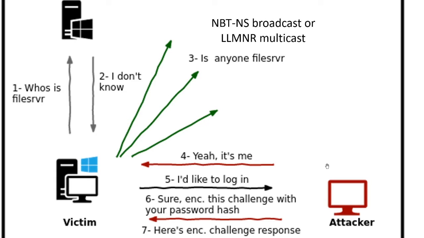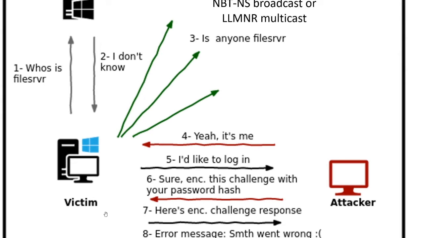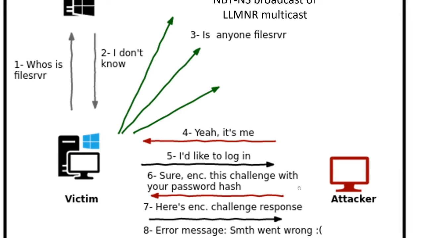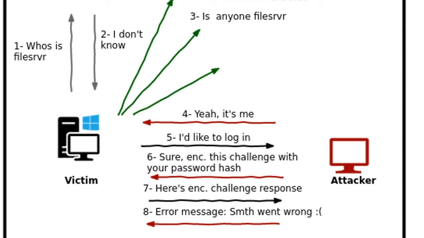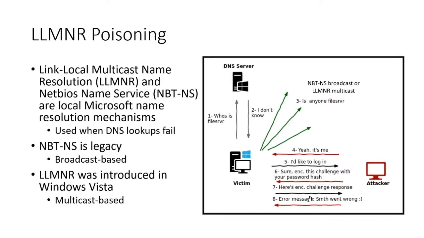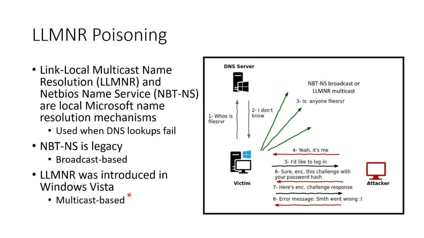Your attacker machine says, yeah, that's me. The client says, okay, let me log in. You say, sure, let's log in. And the client then sends over the password as a hash. And then you, the attacker, go, oh, I'm sorry, something went wrong, but you've already captured the hash. So that is LLMNR poisoning, or also NetBIOS and NBT-NS poisoning.